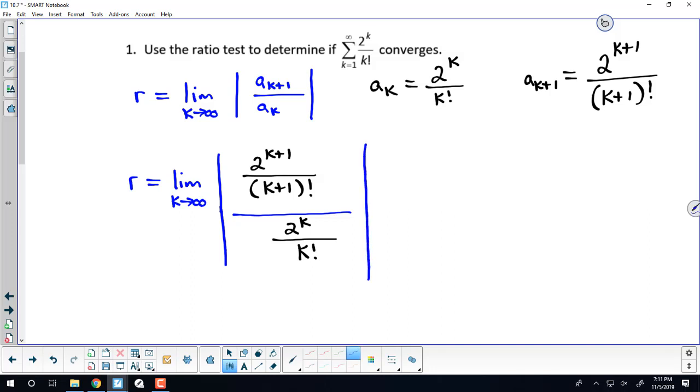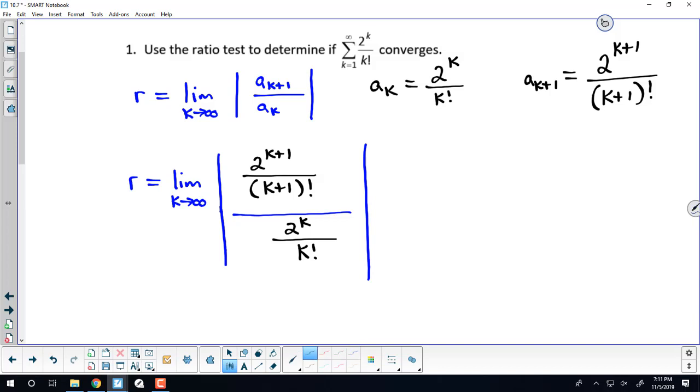The absolute value of all of that stuff. In practice, this is just like the limit comparison test, where it was a over b, and we really looked at it as a times 1 over b. It's the same process here to simplify this.